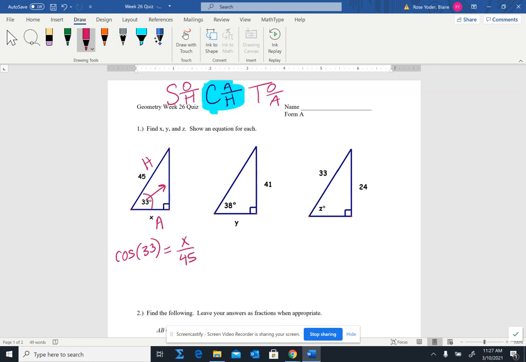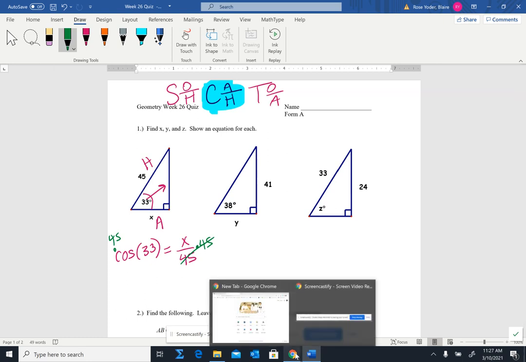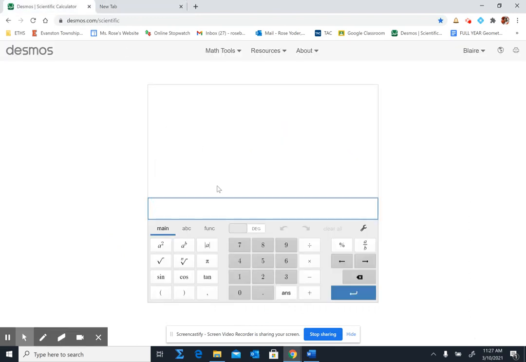And then to solve for X, we can just multiply both sides by 45 and type that into our calculator. Make sure that you're not using the answer blank as your calculator. Make sure that you're clicking the Desmos Scientific Calculator at the top of the page.